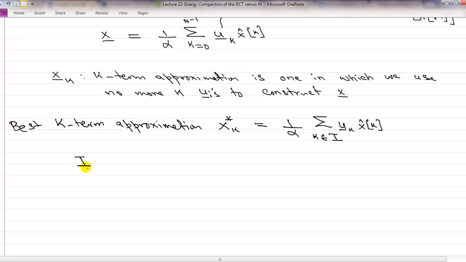The index set I is defined to be the k such that the absolute value of x hat of k is greater than or equal to the remaining n minus k coefficients.